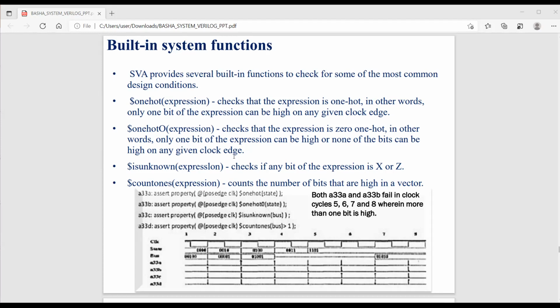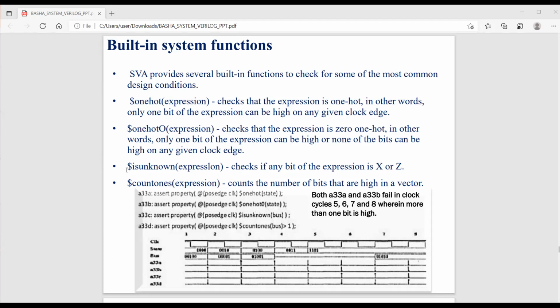And $isunknown of expression, or if you are giving any signal also, it checks if any bit of the expression is X or Z. Suppose $isunknown of wdata, for an SRAM you are giving wdata, and you want to check whether wdata, which is of 4-state type, can get values 0, 1, X and Z. You want to know whether X and Z values are generated for that signal.